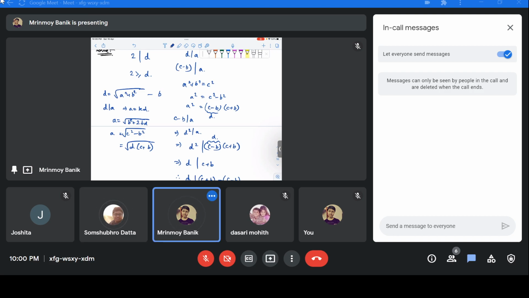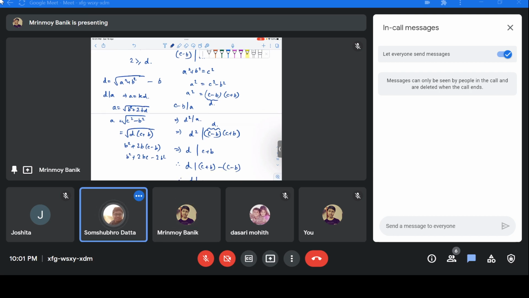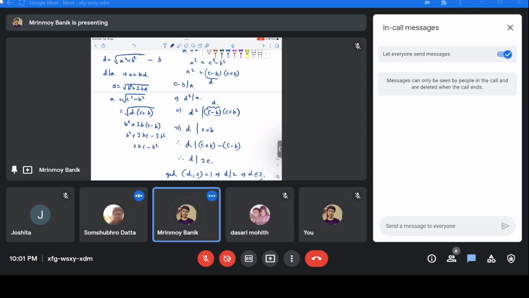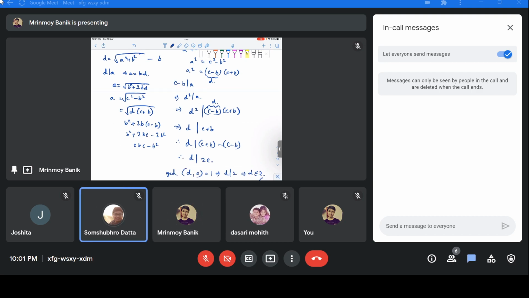D squared plus 2BD. Okay, let me just directly substitute C minus B. So 2BC minus 2B squared, 2BC minus B squared. No, it's not coming as A, right? Why is this A?